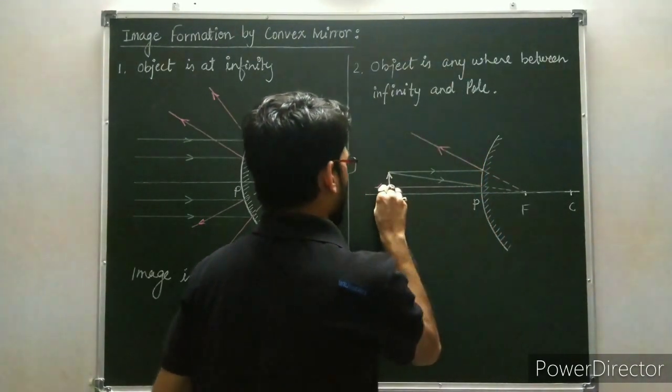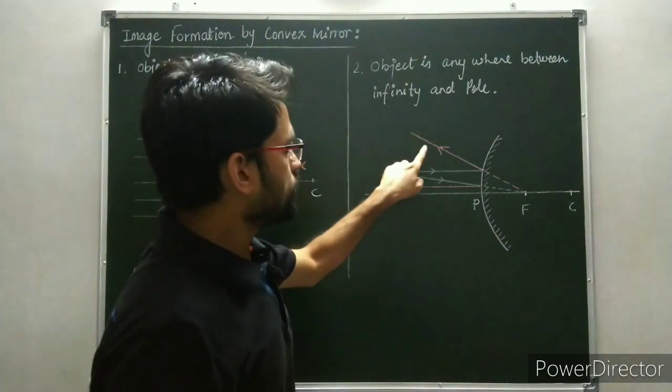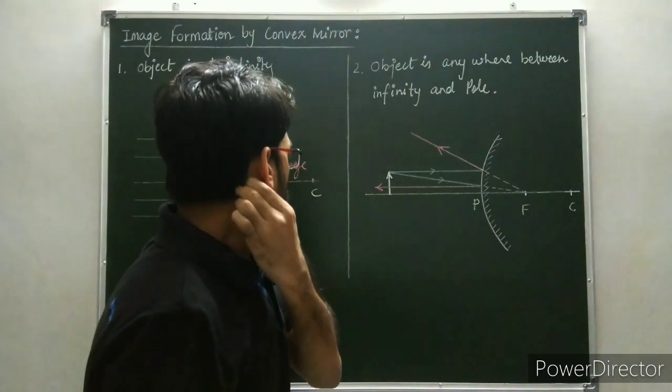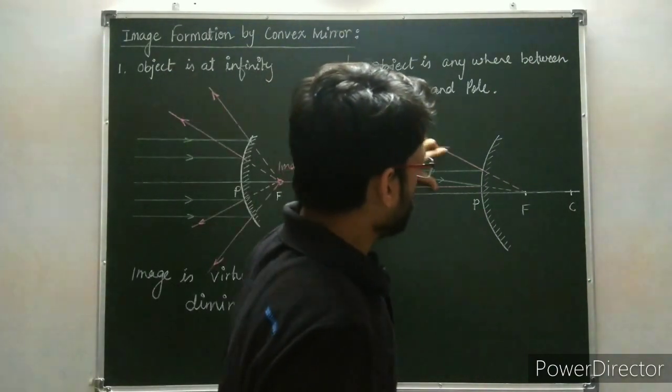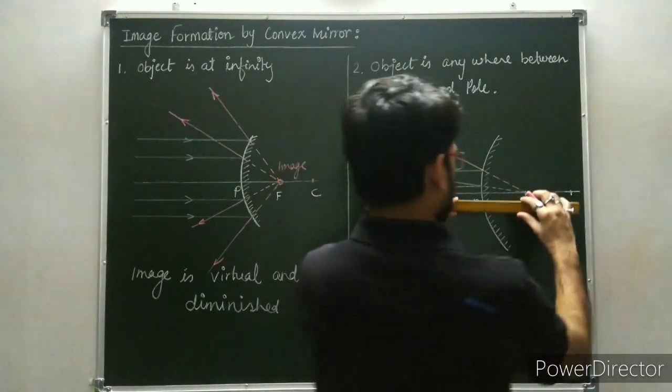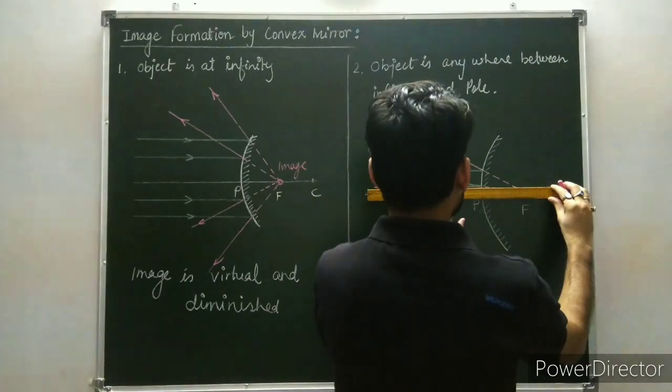So this is the second reflected ray, this is first reflected ray. Both are diverging in nature, but when you produce back, they intersect at a point.